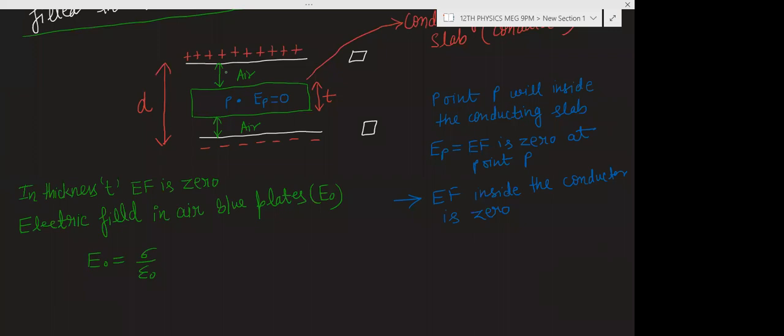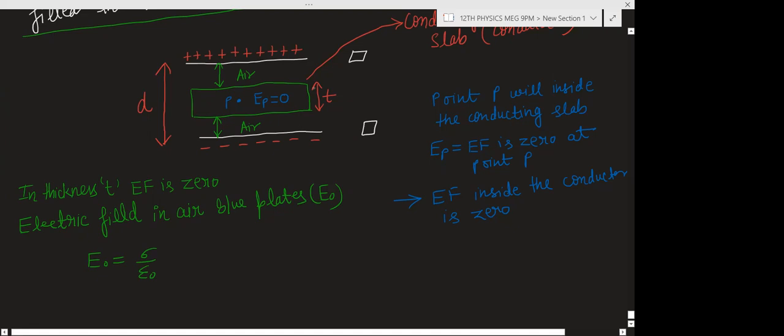In thickness t there is no electric field, but for d minus t thickness there is air, and in air there is electric field. So this E naught is present in d minus t thickness.